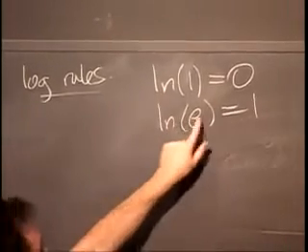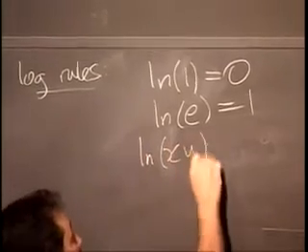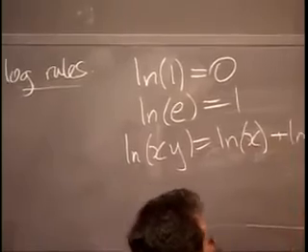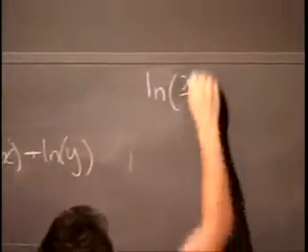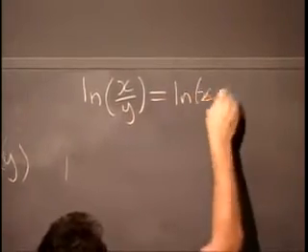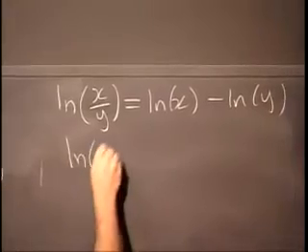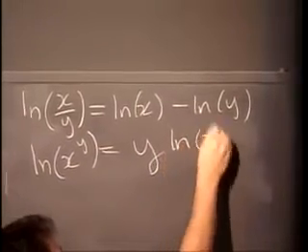The log of a product is the sum of the logs. The log of a quotient is the difference of the logs. The log of x to the y, an exponential like that, the power still comes out.